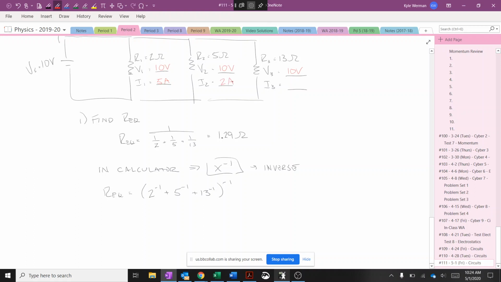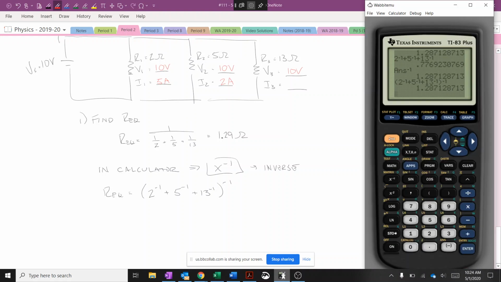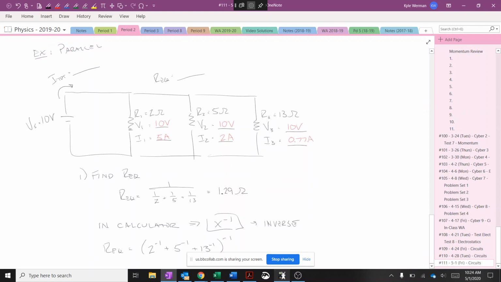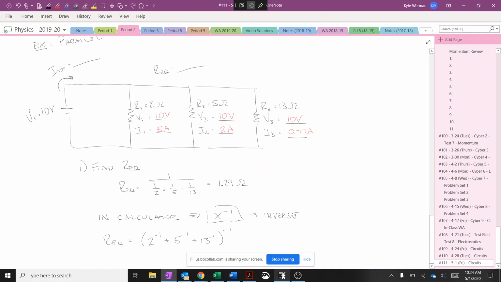And 10 divided by 13 is a fraction, right? 10 over 13 is 0.77 amps. Less current goes through that third one than any of the other ones, right? The lowest resistance is the 2 ohms, so more cars, 5 cars per second versus 2 per second versus less than a car every second goes through that last lane.